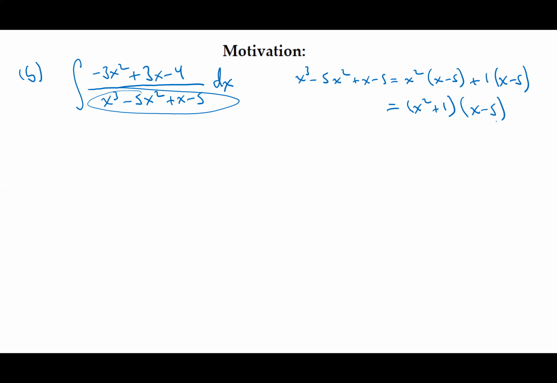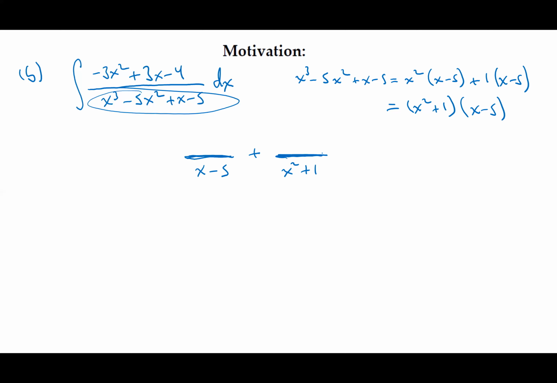And so what I can do is think of this denominator, my whole integrand really, as coming from some combination of x squared plus 1 and x minus 5. And actually for just simplicity of my own labeling, I'm going to put this x minus 5 first. Now, we might look at this and say, okay, we've got fractions.